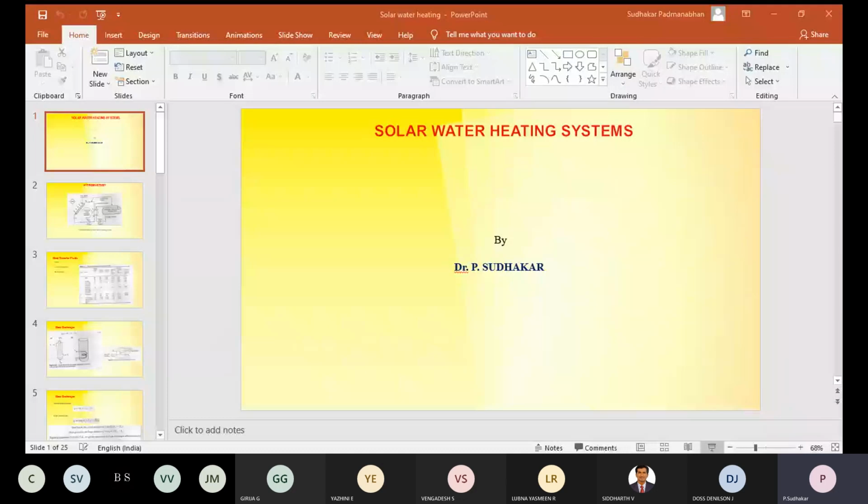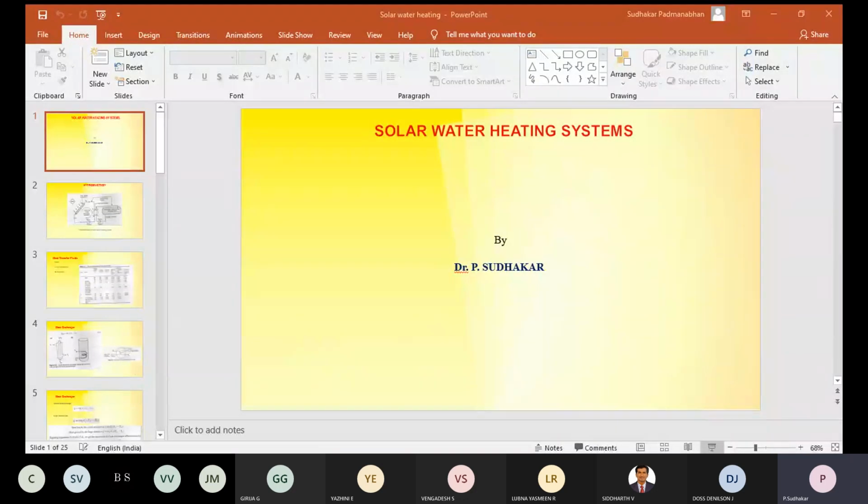So when solar radiation falls on it, what will happen? It will take some amount of heat. The heated water will climb up the collector and reach the water storage tank, where it loses its temperature, and again its temperature will come down.